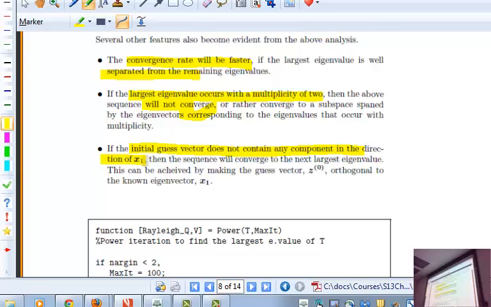I already know what the largest one is, so pick an arbitrary vector and subtract the component that you already know. We know how to do that, Gram-Schmidt. Then use that as your initial guess, and hope that round-off errors don't introduce something that takes it back to the full space. Then you will be able to get the next largest eigenvalue.